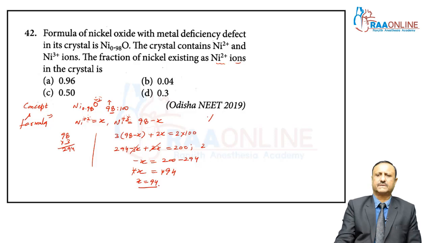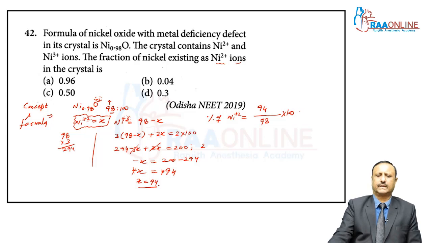Now, we can get the percentage of Ni plus 2, that equals 94, because X is the Ni plus 2, we took it earlier. So, 94 upon total 98, and multiply by 100.